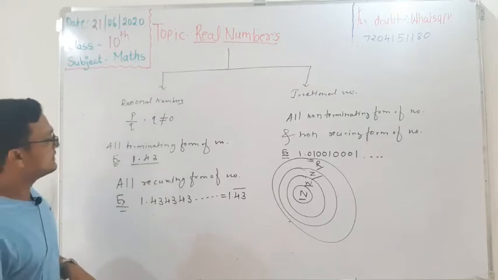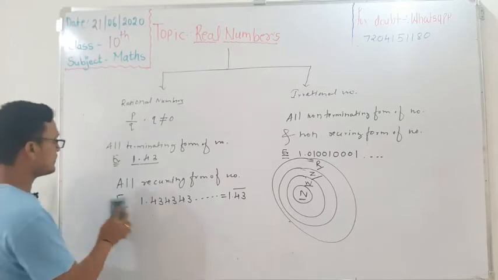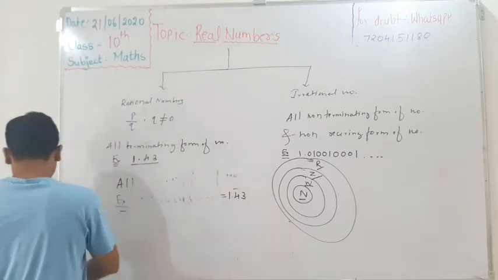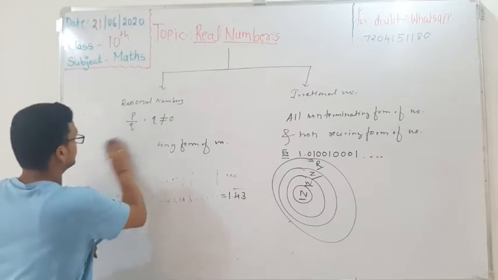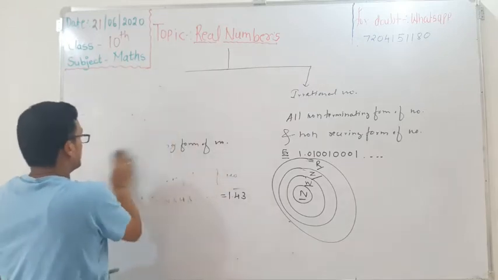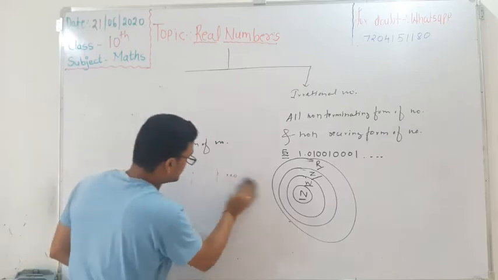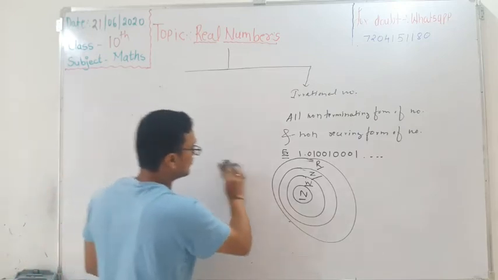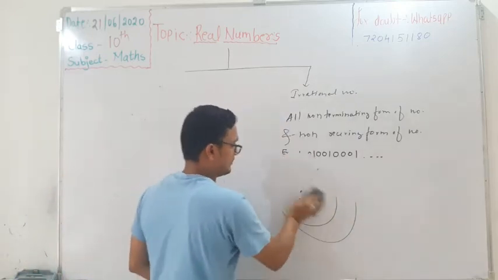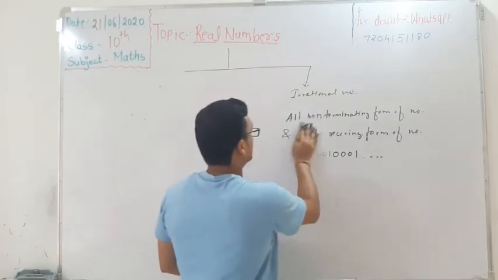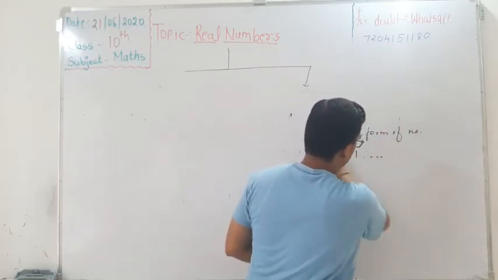Now next we will see the next concept. Three concepts we are going to see: algorithm, lemma and Euclid division lemma.